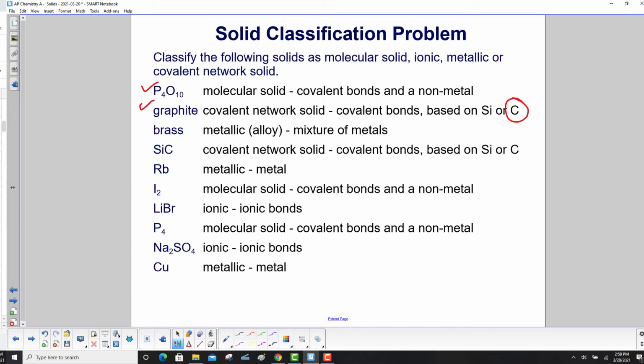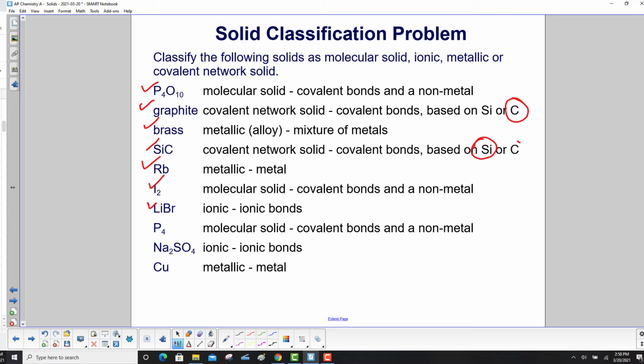Brass, metallic, it's an alloy, a mixture of metals. Silicon carbide, a covalent network solid, covalent bonds, in this case, based on silicon. Rubidium, that's a metal, so it's metallic bonds. We have molecular iodine here, I2, that's a molecular solid, covalent bonds, and a nonmetal.